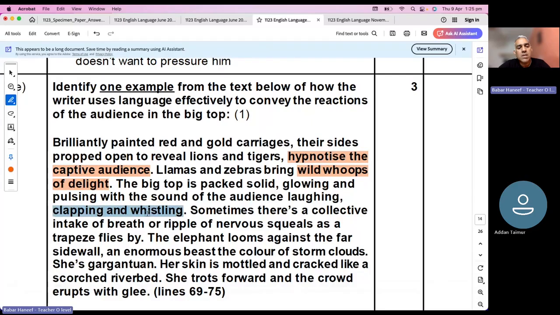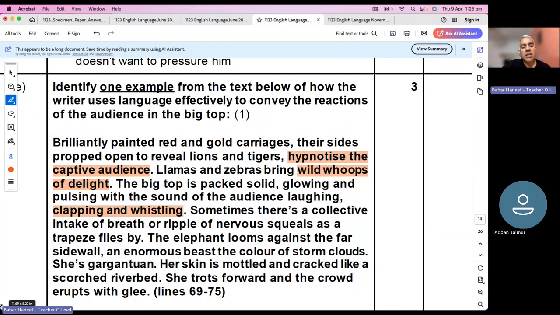Even this one, pulsing. There are a lot of examples you can pick up. Sometimes there's a collective intake of breath, a ripple of nervous squeals as the trapeze flies by. The elephant looms against the far side wall, an enormous beast the color of storm clouds.